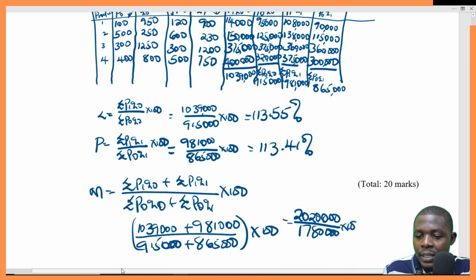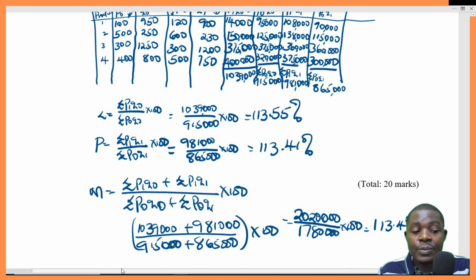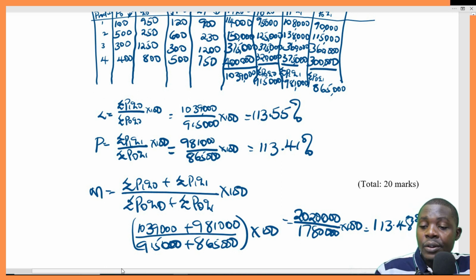We multiply by what? By 100. Let's see. 2020 divided by that one. We multiply by 100. You get something like 113.48%. It's very important. You can present in two decimal places the way I have done, or you can do it in one decimal place.